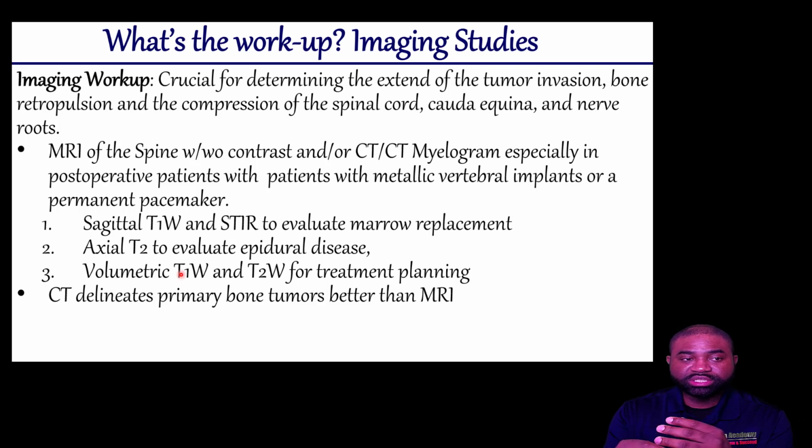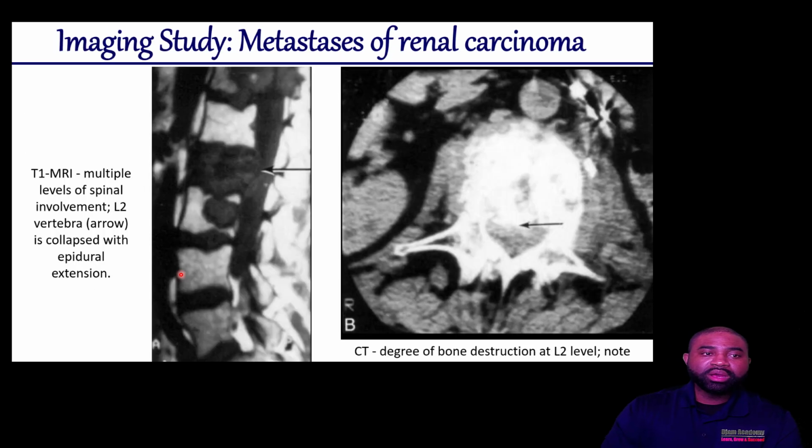Volumetric T1 and T2 are typically used for treatment planning. Now, even though the MRI has a superior soft tissue contrast, it is not always the best thing in every case. As a matter of fact, CT delineates the primary bone better than an MRI.